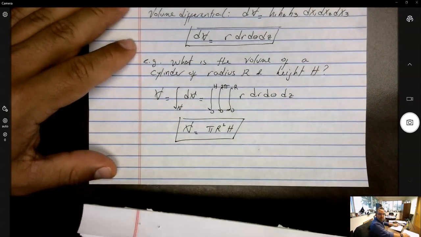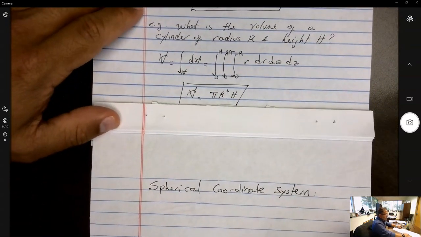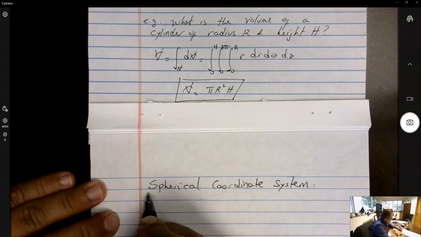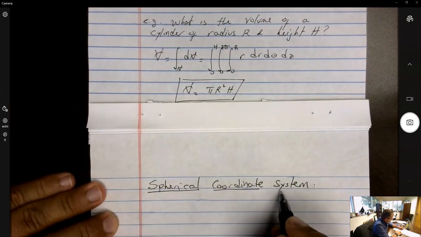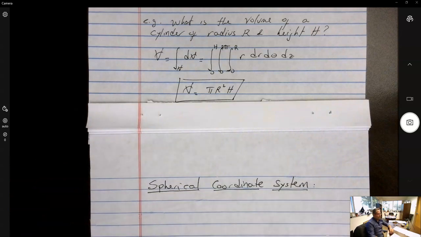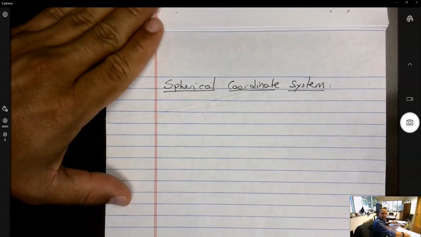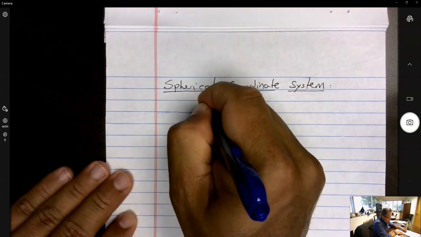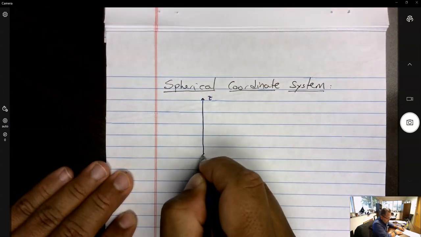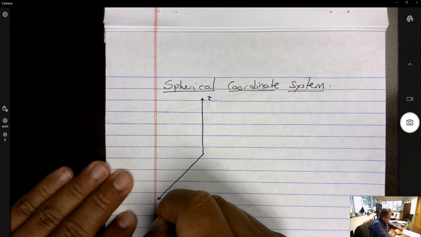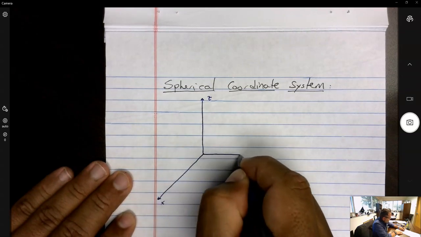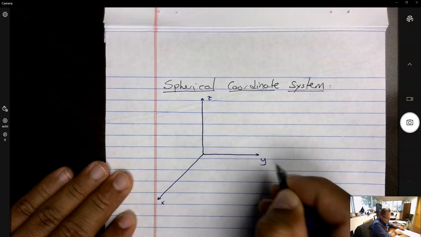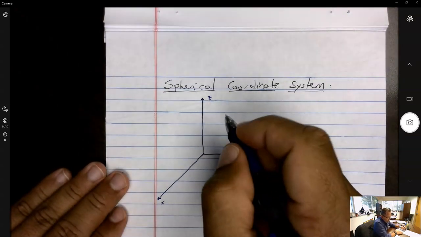All right, so let's look at another common curvilinear coordinate system, known as the spherical coordinate system. Let me try to illustrate how it goes. This will be z, x, and y.